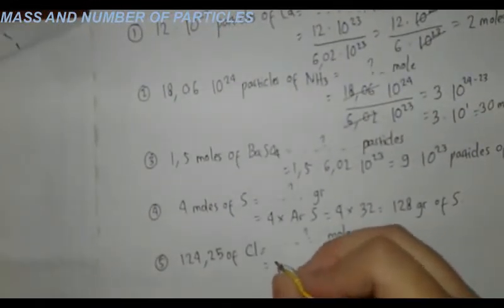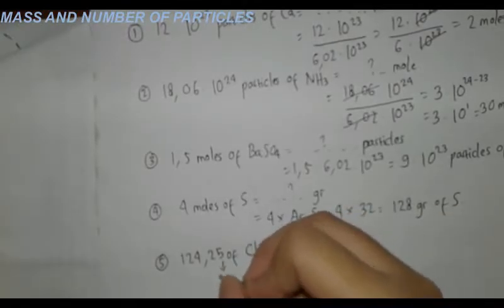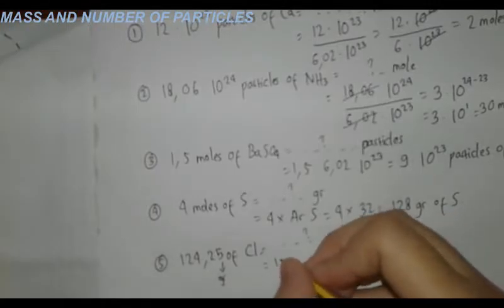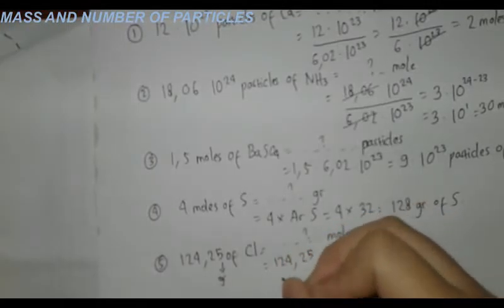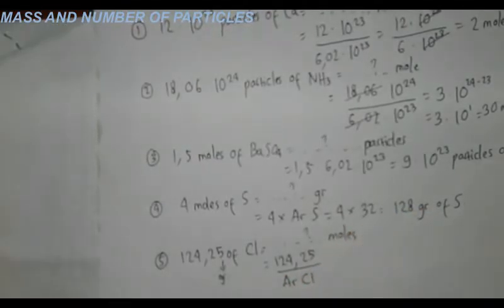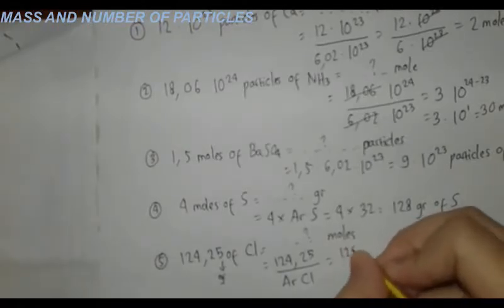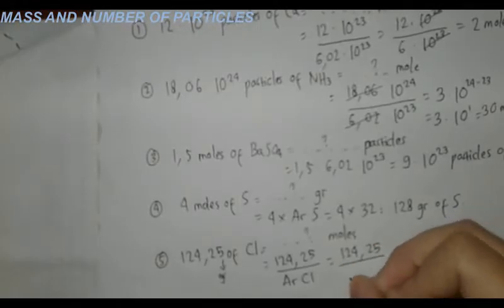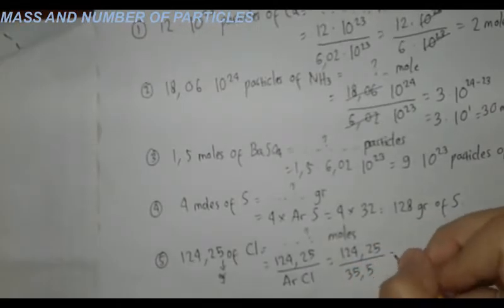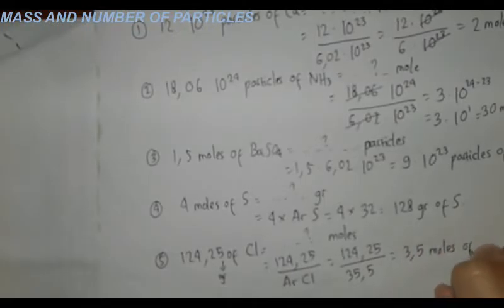So we can write 124.25 grams divided by the atomic relative mass of chlorine. If you don't know the atomic relative mass of chlorine, then you have to check your periodic table. The result is 124.25 divided by 35.5, which is 3.5 moles of chlorine.